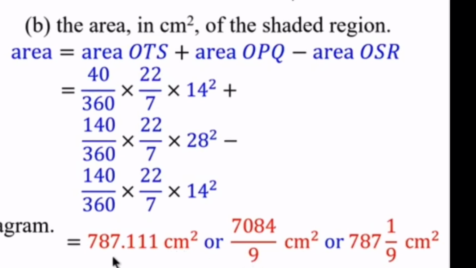And you need to minus out the smaller sector, which is also 140 degrees over 360 times 22 over 7 times 14 squared. Then finally your answer, you need to write in fraction. So the answer is 787 1/9 centimeter squared. This is the best answer. If you give 2 decimal places, you have to round off correctly.